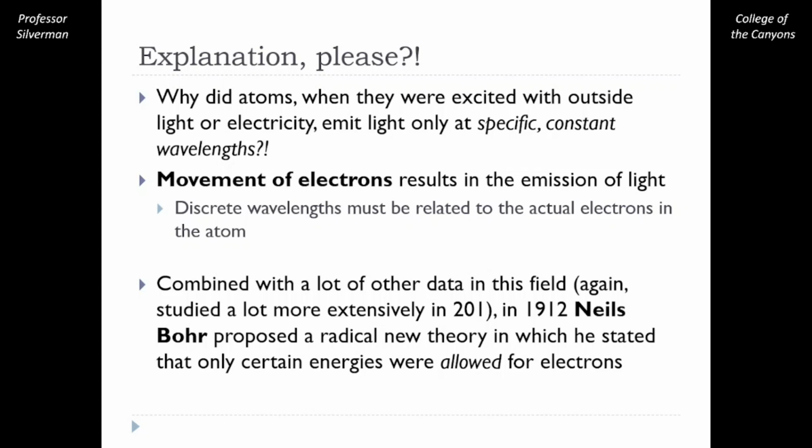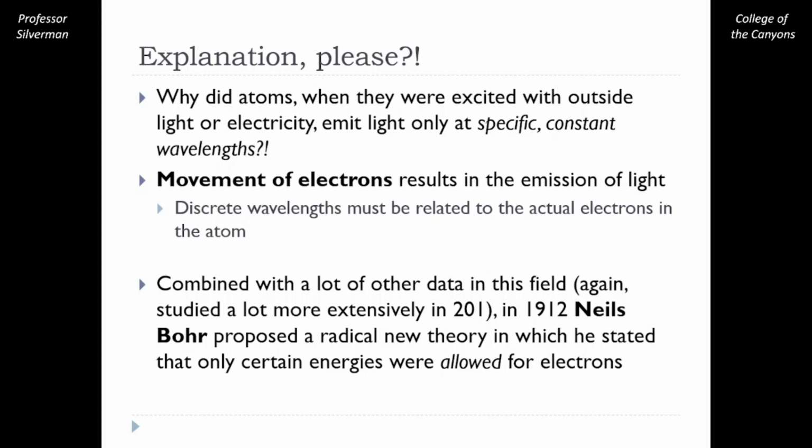To understand why this is going on, we need to introduce some of our new atomic theories with the understanding that these colors of light are because of electrons absorbing and emitting energy inside of our atom.